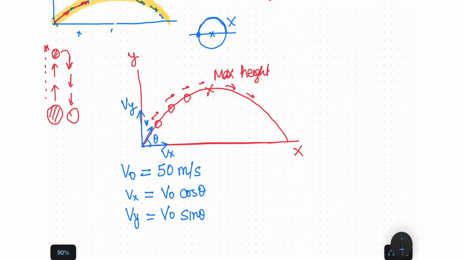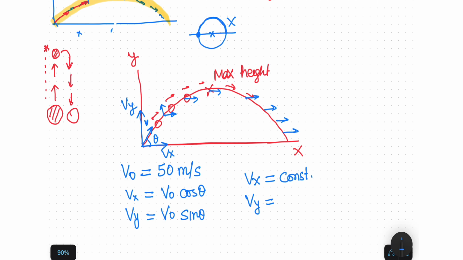Now there is another very important concept here: Vx is always constant. You will find the same everywhere. If you calculate Vx, it will be the same here, same here, same here. At each point Vx will be the same. But Vy will keep changing at each position.